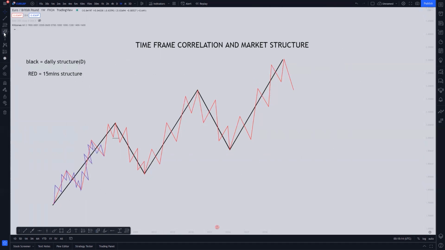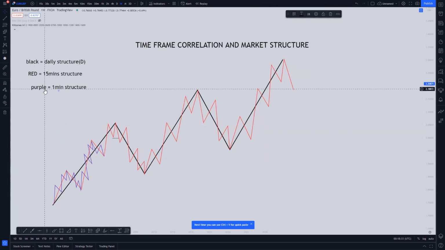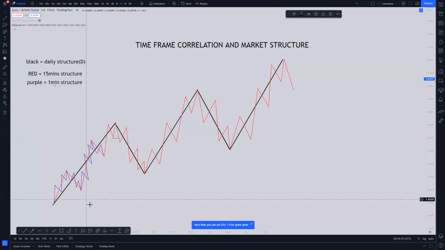Let's say the purple color represents 1 minute structure. The purple represents 1 minute structure.